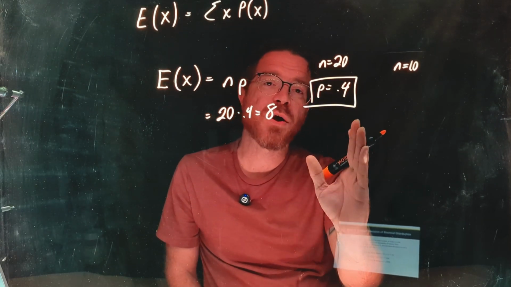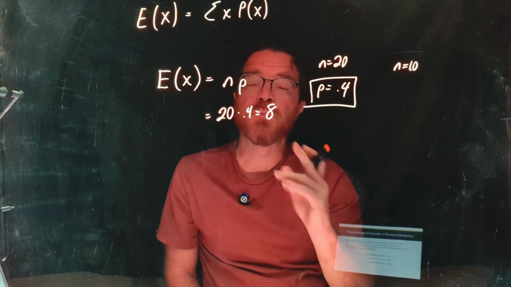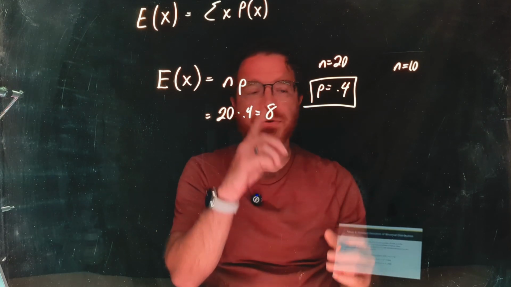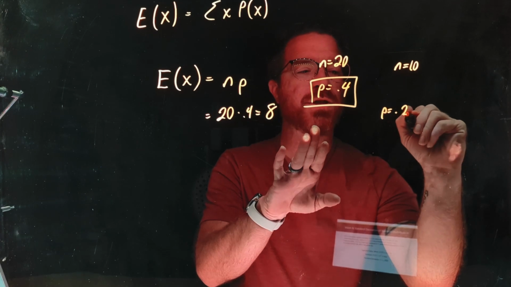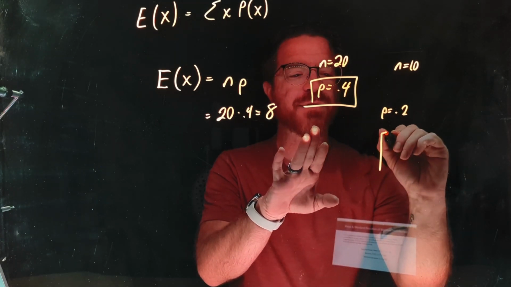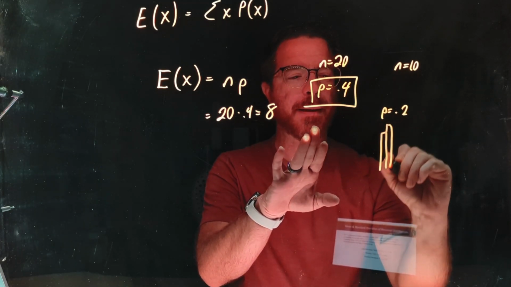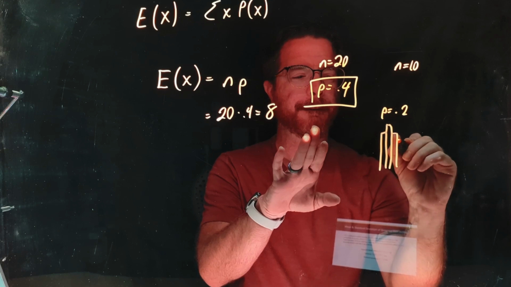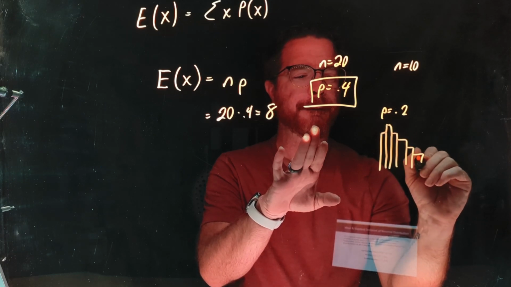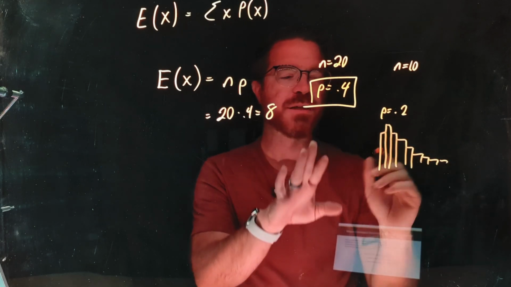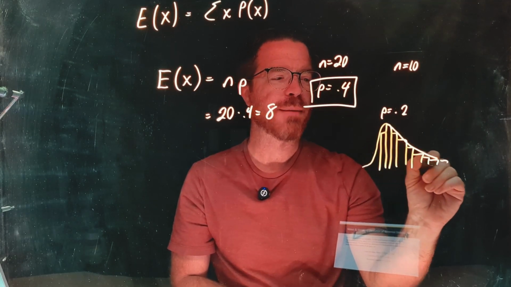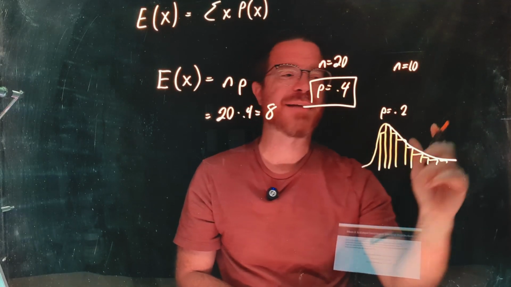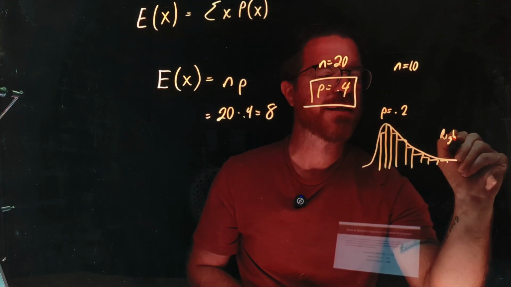The further you are from 0.5, the more it's actually going to skew your results. So for example, if I have p equals 0.2, I'm going to have a graph that looks something like this, where if I were to draw a line to represent it, you will see that in fact it is skewed to the right.